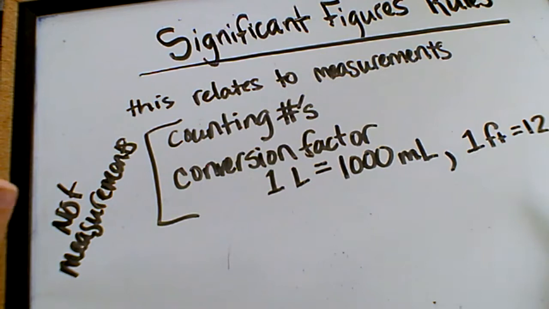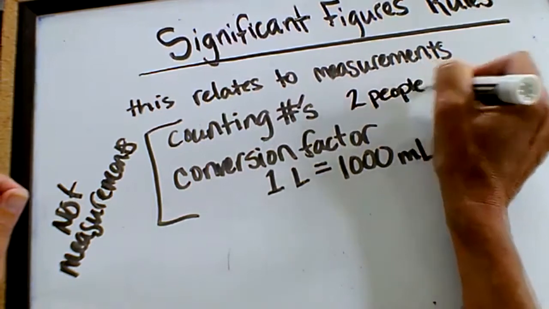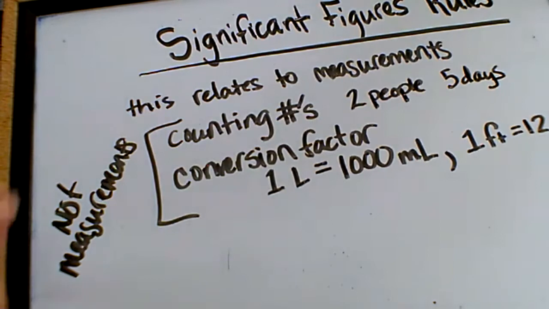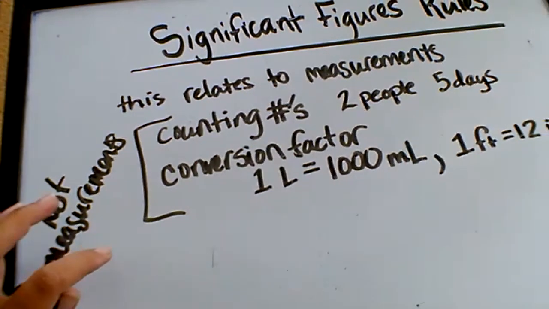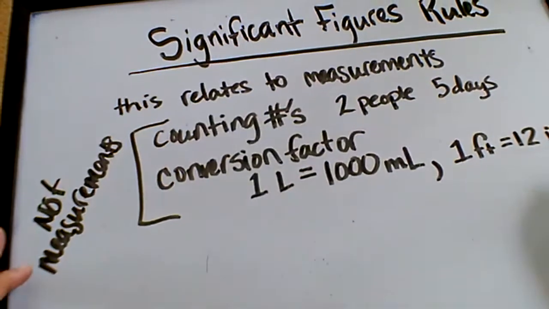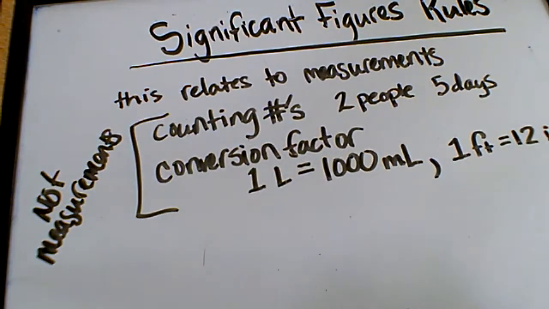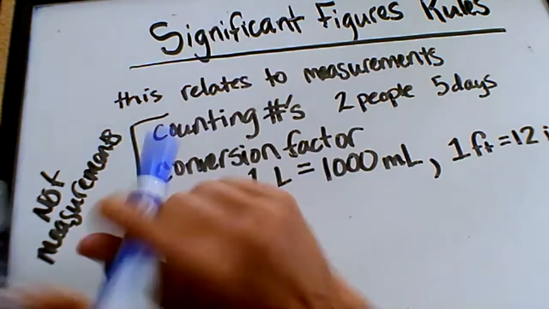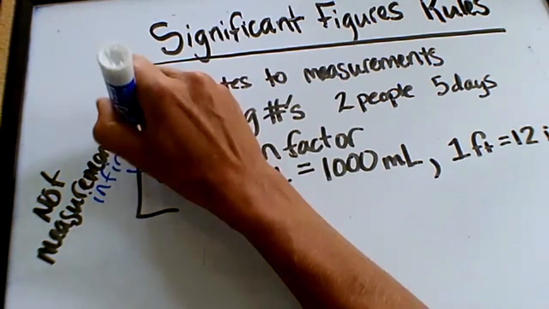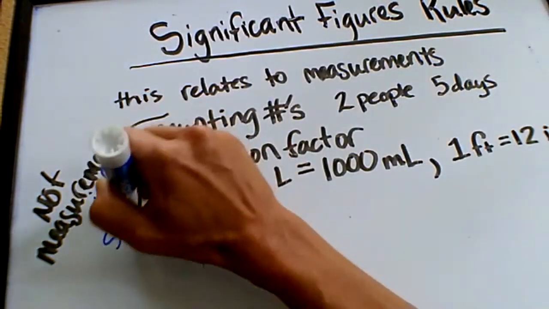Okay, now counting numbers like 2 people, 5 days. These are numbers that are counting. These are not measurements, and they therefore do not pertain to the significant figure rules. And we could even say that they have an infinite number of sig figs.